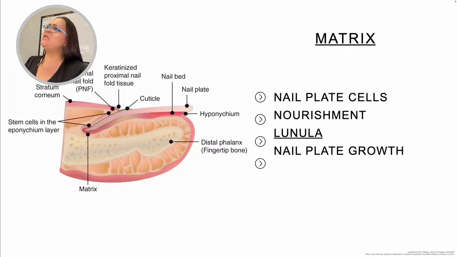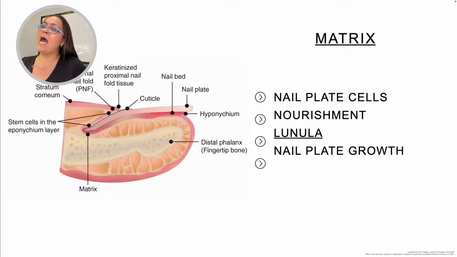So think about this really quickly. If your matrix is so important, and damaging it can cause your nails to grow funny or not grow at all, why on earth are we digging up under there with e-file bits and cutting the skin to remove it all off of the nail to expose the matrix? Because there are disorders out there that are going to cause your matrix to be damaged.